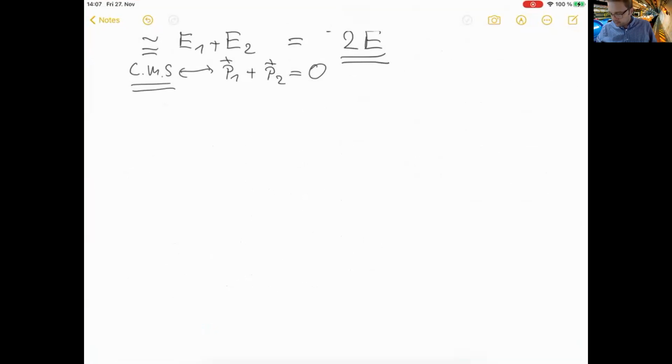We write, as we did before, P. C, the speed of light, is put to 1. So the four momentum is just E and p.